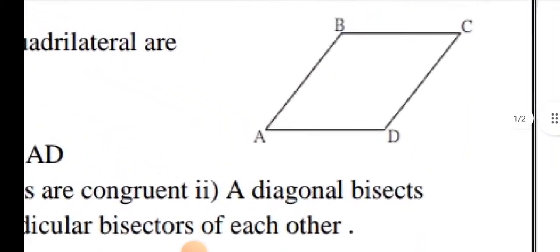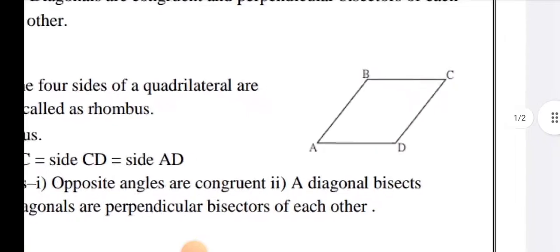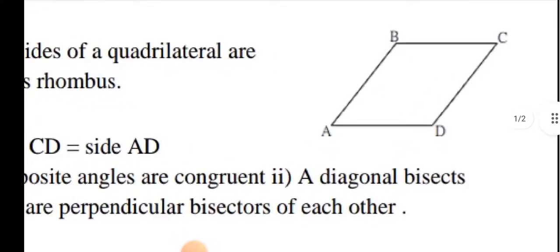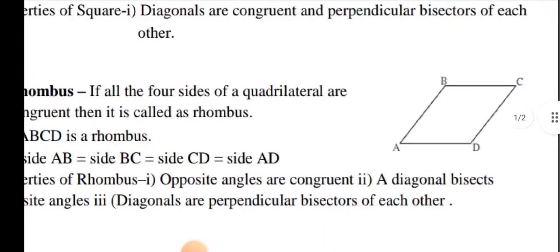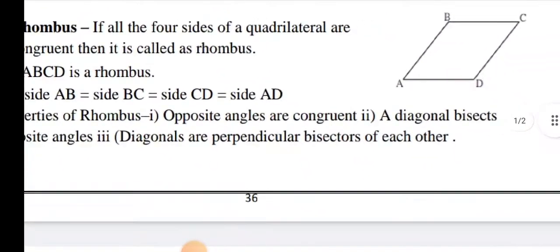Here ABCD is a rhombus because all four sides are congruent. Therefore, side AB equal to side BC equal to CD equal to side AD.